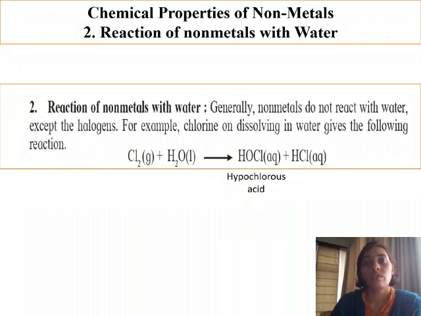And oxides of metals, being basic in nature, have a tendency to combine with acids and result in a neutralization reaction forming salt and water. So again, oxides of metals being basic react with acids and form salt and water, that is neutralization reaction.